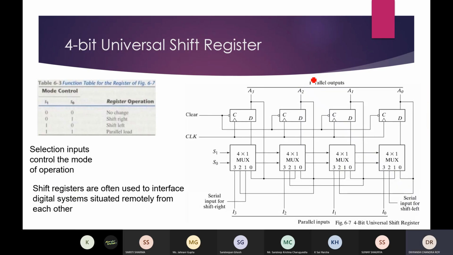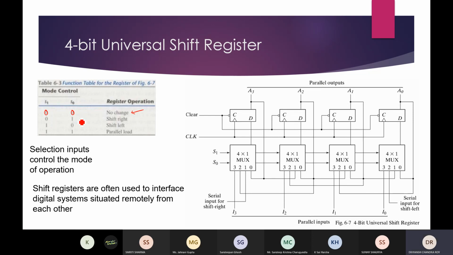Now this is the circuit diagram of a 4-bit universal shift register. If you see, we have two different bits for the control lines. One is S1 and another one is S0. So we are designing in such a way that if the control signal is 00, then the register will not change anything, meaning it will remember its old state, like it is a memory state.